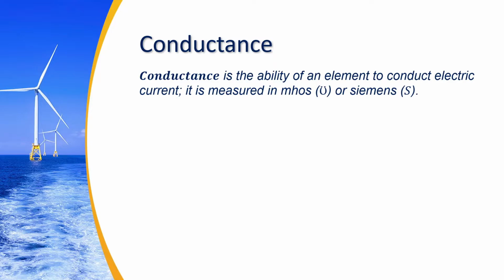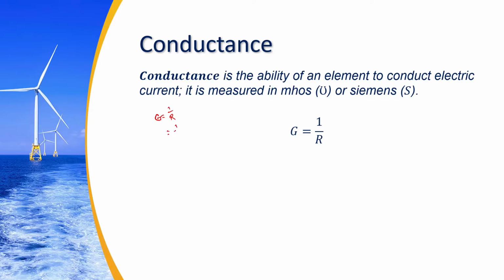Kung kabaliktaran siya ng resistance, ang formula natin is reciprocal ng resistance. So paano naman siya kapag in terms of voltage and current? Ganito. So G is equal to 1 over R, di ba?